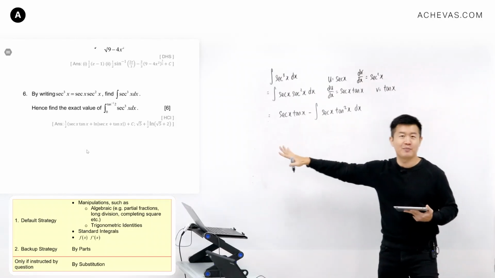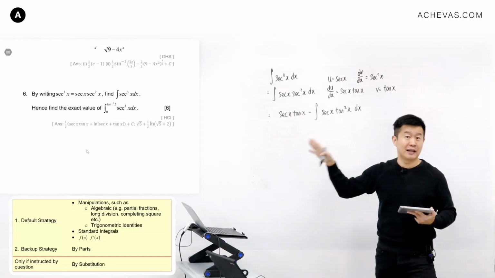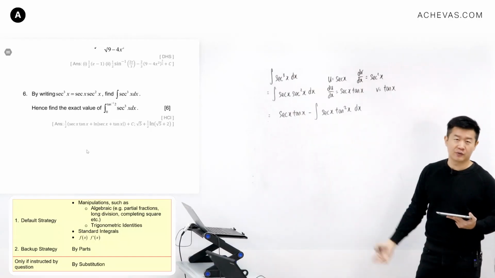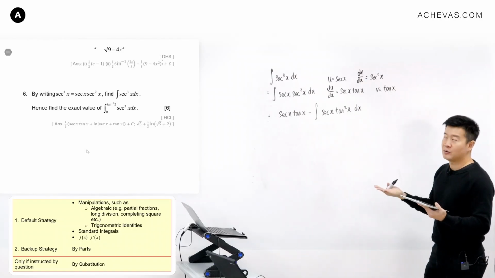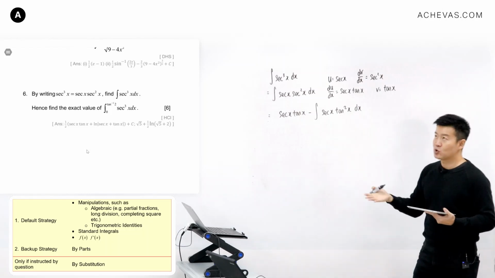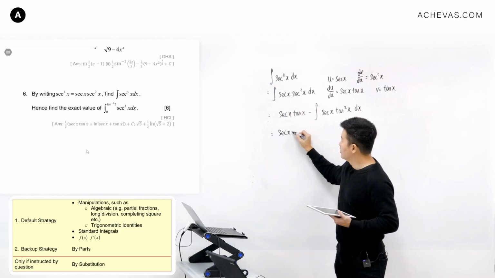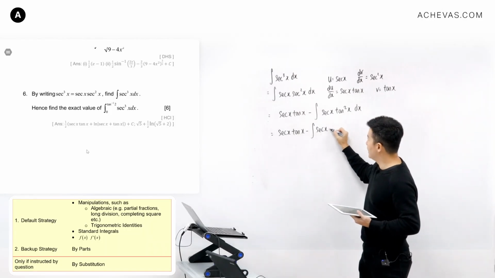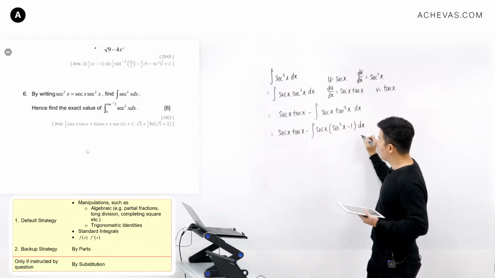So I'm going to use the same set of strategies again, which is I'm going to try to use trigonometric identity some more. And in case all fail, then maybe I'm going to try another round of integration by parts. So if I were to do another round of trigonometric identity, I'm going to try to replace this by secant square x minus 1. So let's try and see what we are going to be getting. So we will have this minus, this is secant x, and this is secant square x minus 1.